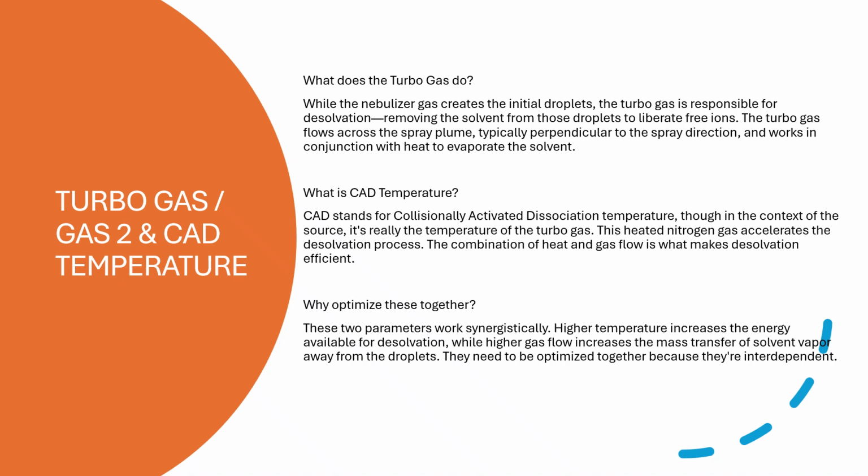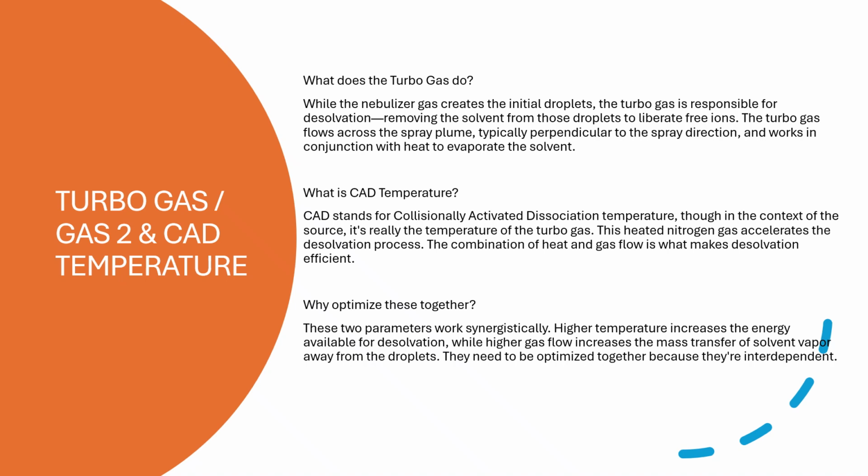Now for special considerations, you need to consider your mobile phase. Aqueous mobile phases require higher turbo gas and temperature settings because water has a higher heat of vaporization than organic solvent. Volatile compounds may actually lose sensitivity at very high temperature due to over evaporation before ionization.